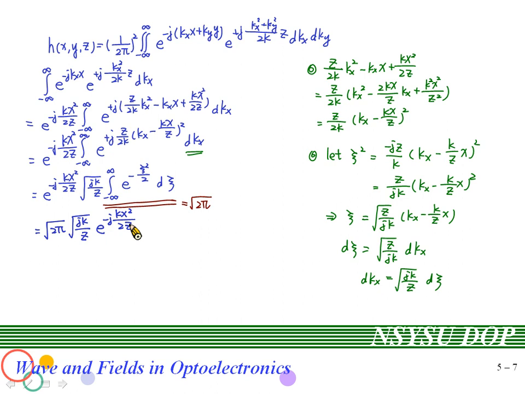Okay, so we finally obtain the result for this integral. So similarly, you can also obtain the result for the integral with respect to ky, which is square root of 2 pi times the following terms.